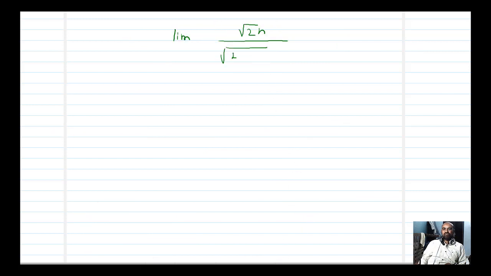First of all, directly substitute h equal to 0, you will get 0 by 0 form. What is the meaning of that? You need to rationalize it. Or you can use L'Hopital. The best way is rationalization only.